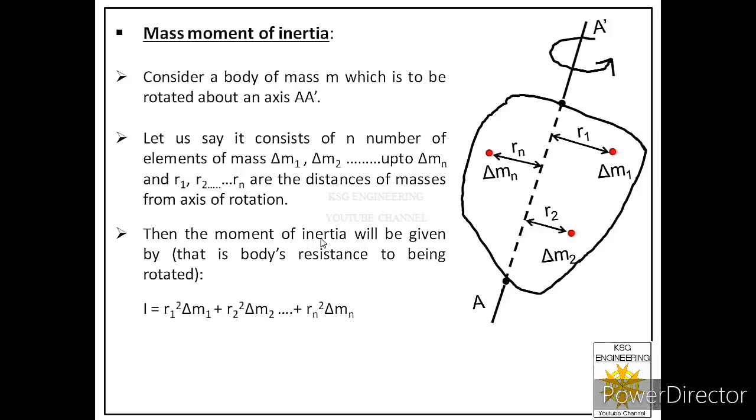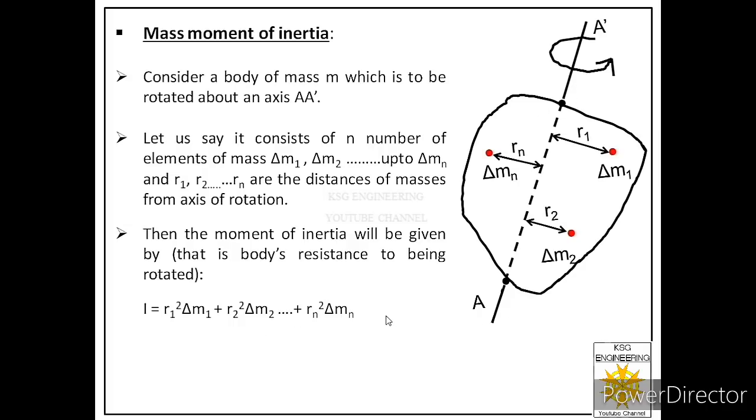Then the moment of inertia will be given by this formula. So that will be equal to r1 square delta m1 plus r2 square delta m2 up to the nth particle. So this equation will give us the resistance the body will offer against its rotation about the axis AA dash.